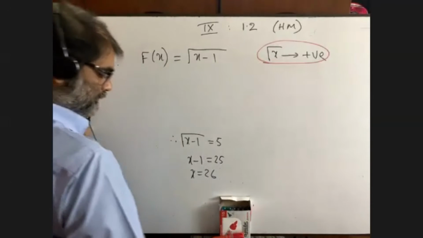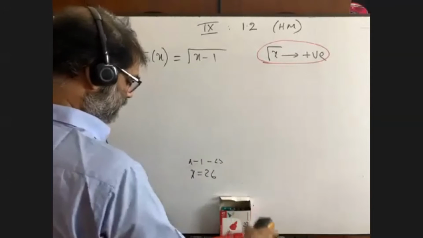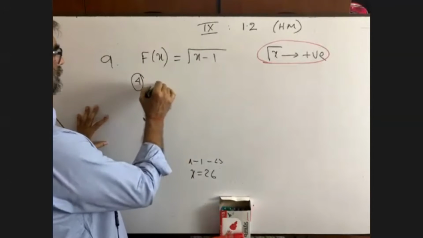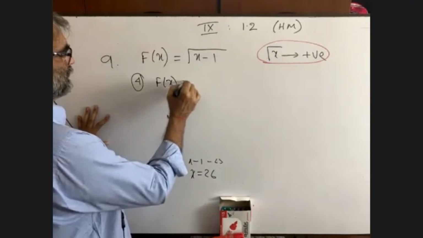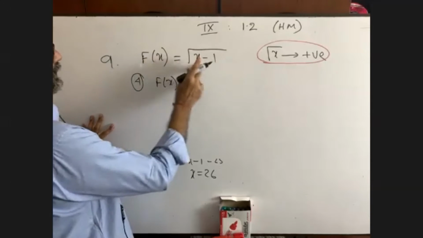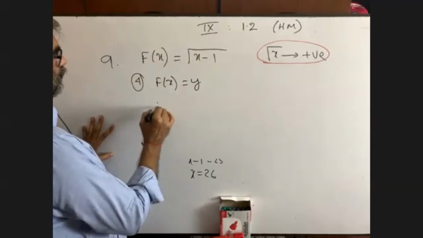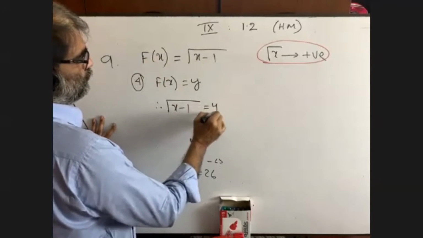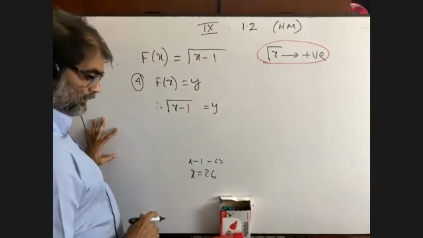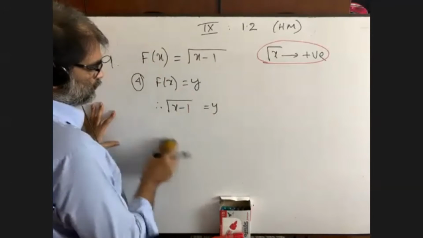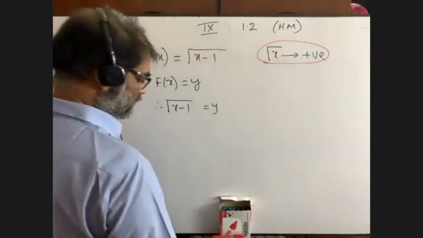Now, number 4. f of x equals this and f of x equals y. So what we are getting, x minus 1 equals y. Here we also have to find the value of x.